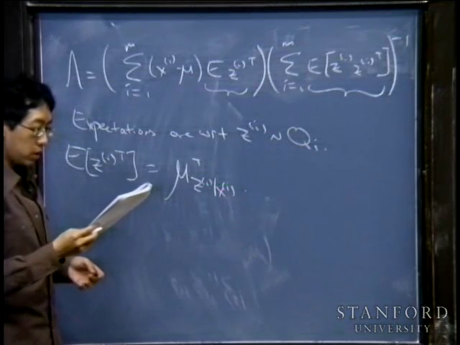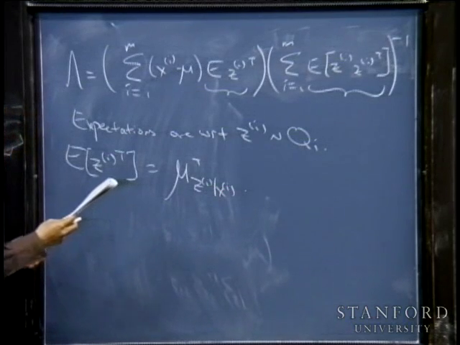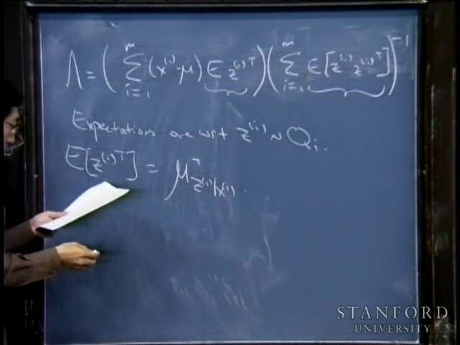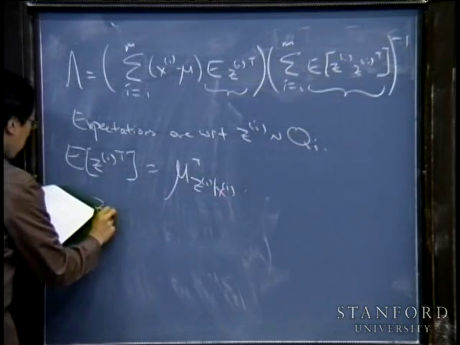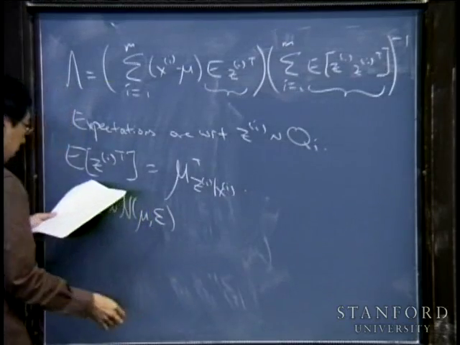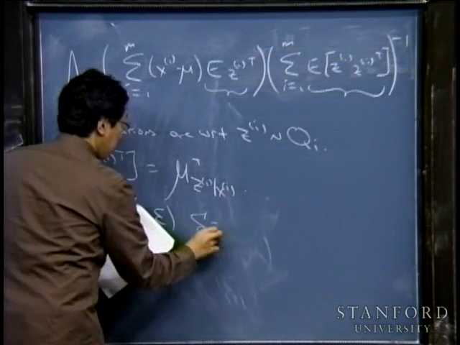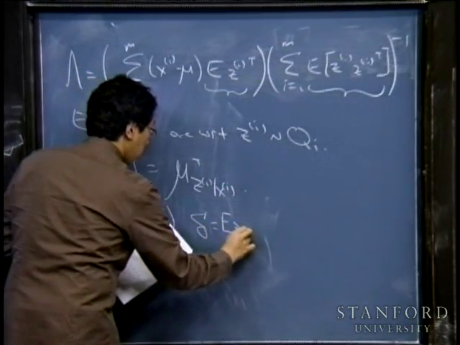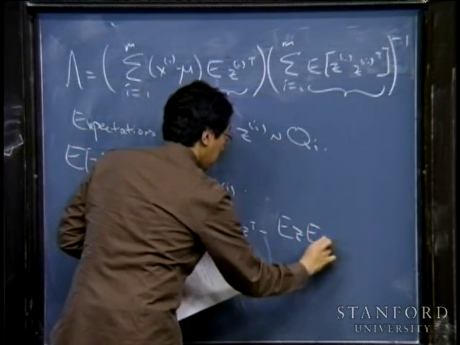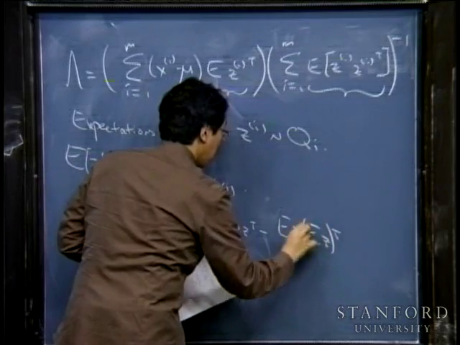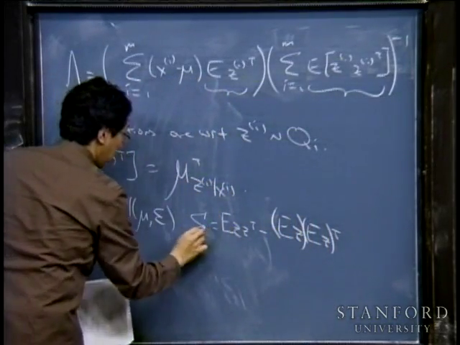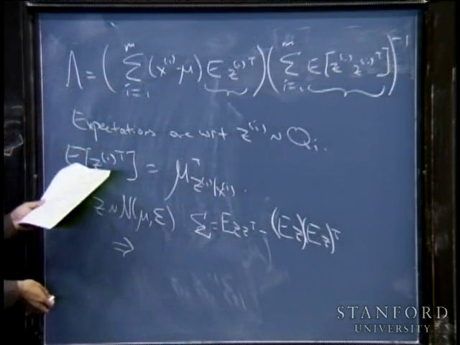To work out the other term, let me remind you that if you have a random variable z that's Gaussian with mean mu and covariance sigma, then the covariance matrix sigma is E of z z transpose minus E of z times E of z transpose. That's one of the definitions of the covariance.